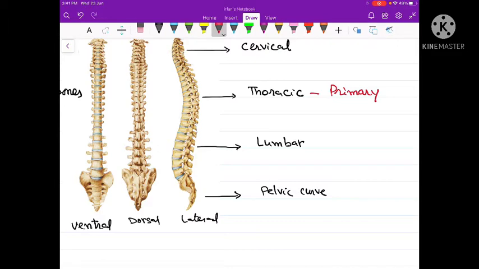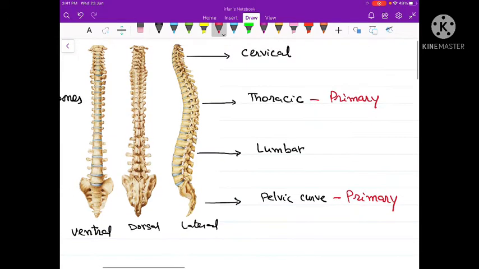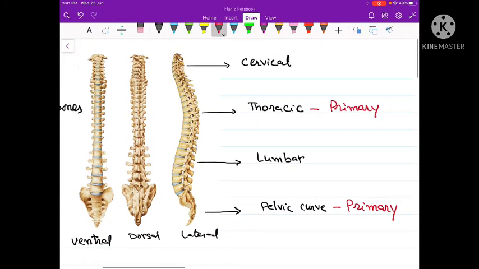The cervical and lumbar curves develop later, after the birth of the child, when the child begins to stand and walk. These are called secondary curves.